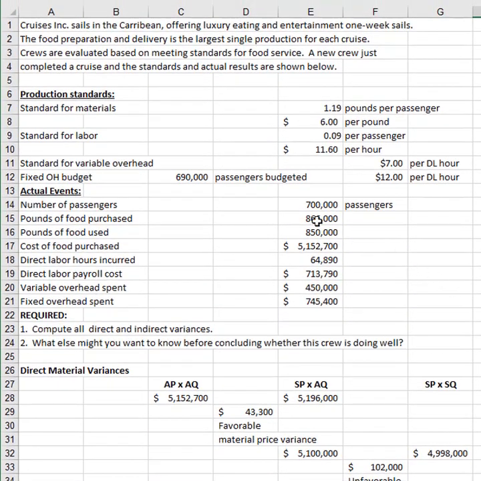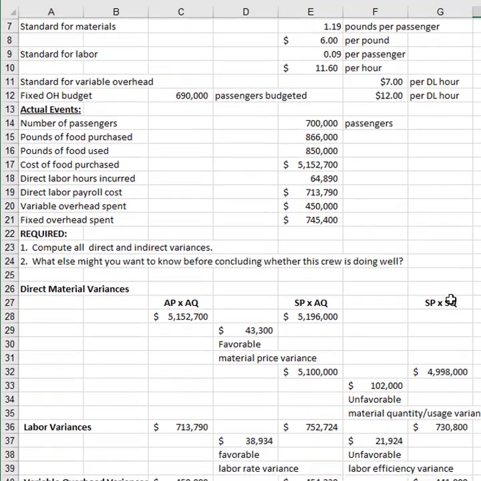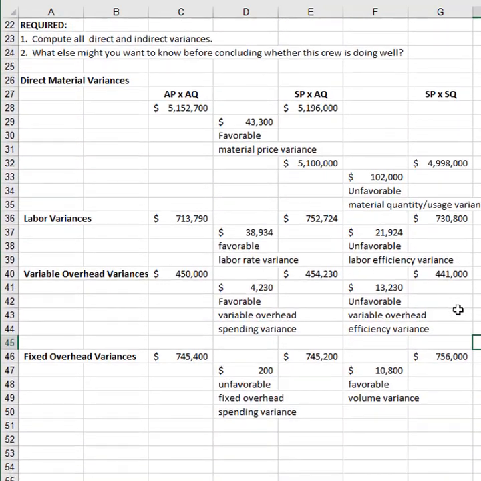So the original story, they are trying to evaluate a new crew, and we want to see how the new crew did. Preparation of food and delivery is the single most important part of the cruise, so let's have a look and see how they did. So they paid a lot less for the food than they were allowed to pay, and they used more food than what they were allowed.